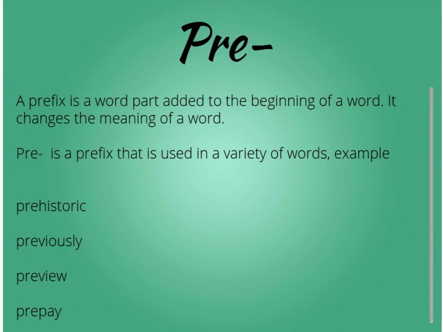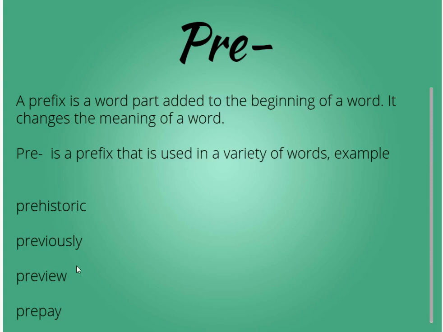Pre. A prefix is a word part that is added to the beginning of a word. Once added, it changes its meaning. For example, pre is a prefix and it's used in a variety of words. Here are some examples. We have prehistoric, which means before.